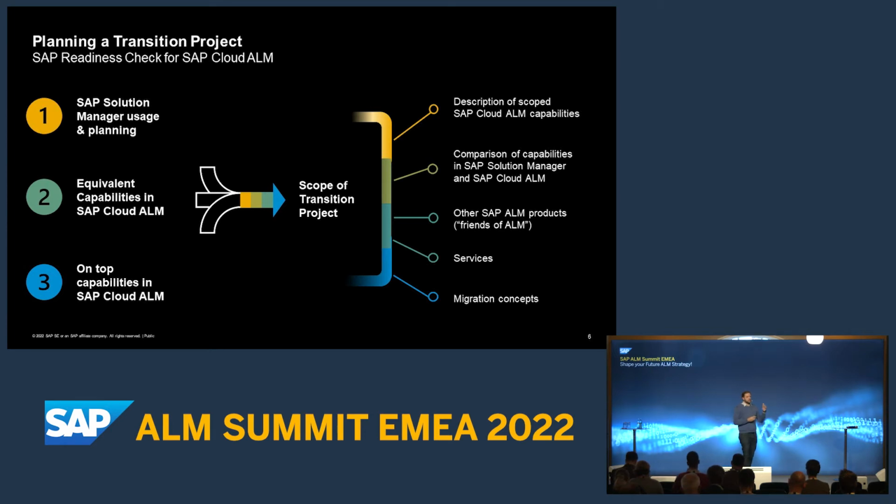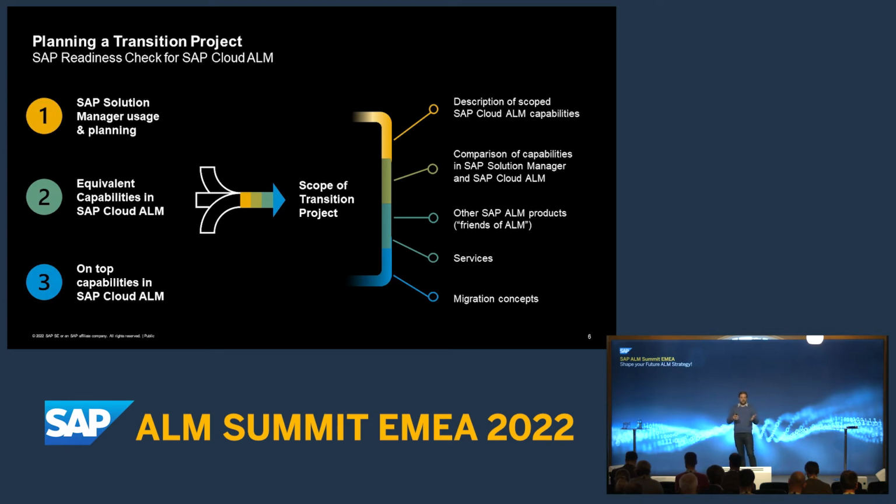Also, we provide a mapping, as I said, for each of these SAP Solution Manager capabilities. What is the equivalent capability in SAP Cloud ALM, and which capabilities come on top. So with all this information, we want to empower you and give you the necessary insights so you can plan your transition scope.